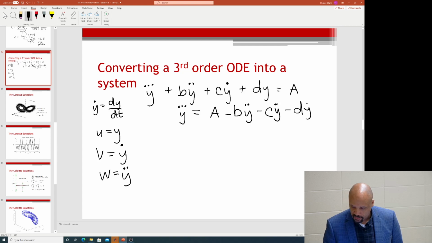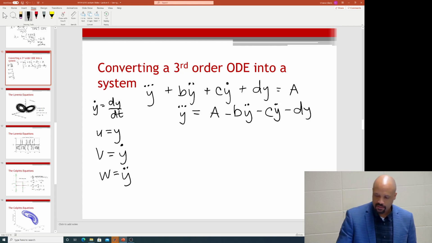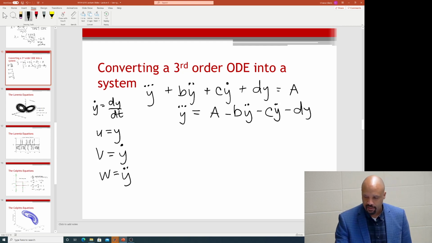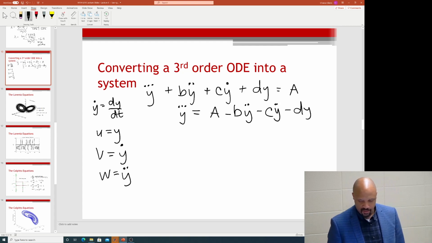Oh, no dot. All right, that's the same thing as this right here. Remember, w is y double dot, so w dot is going to be y triple dot.